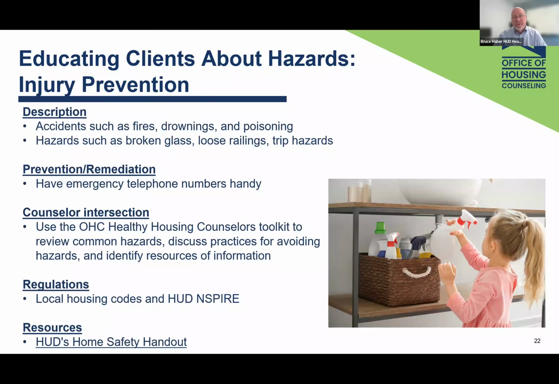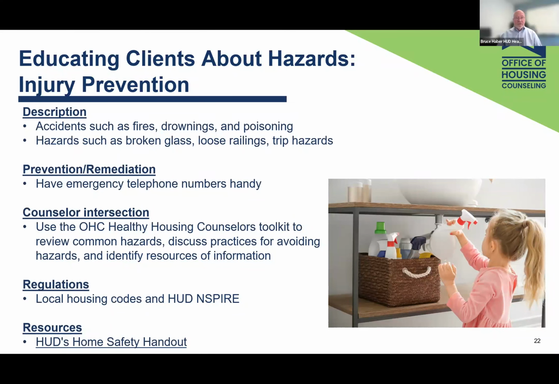You don't think about it, but there are issues such as loose railings and trip hazards that many people don't think about in their own house. You can discuss with them what kind of walking surface they have, if they have stairs, do they have loose runners, do they have loose railings.